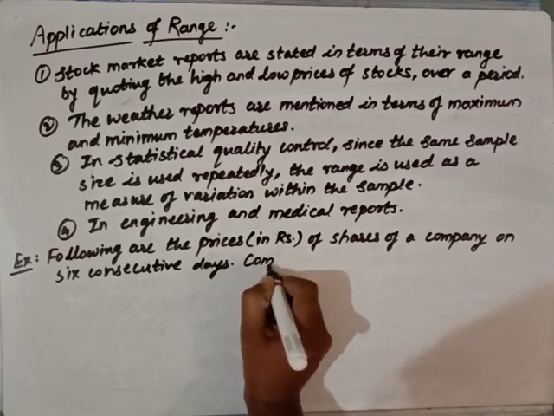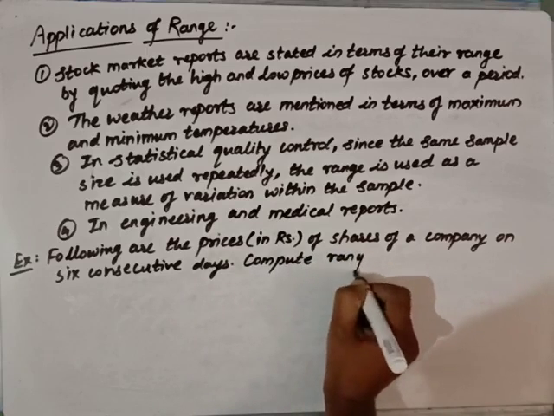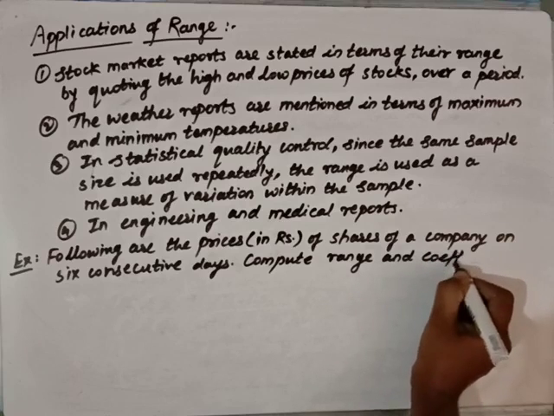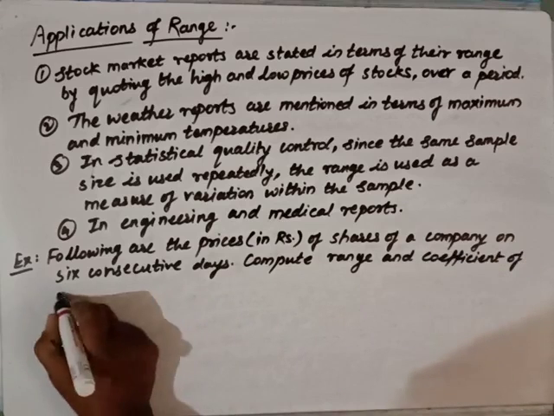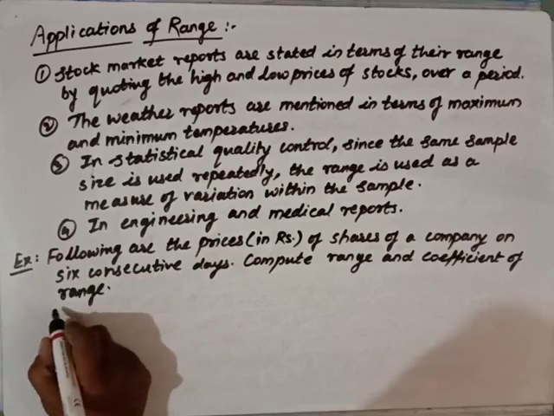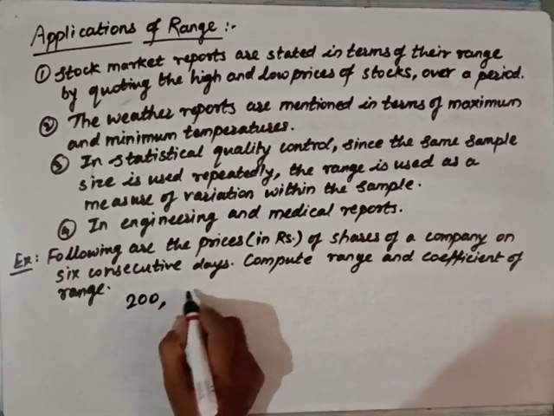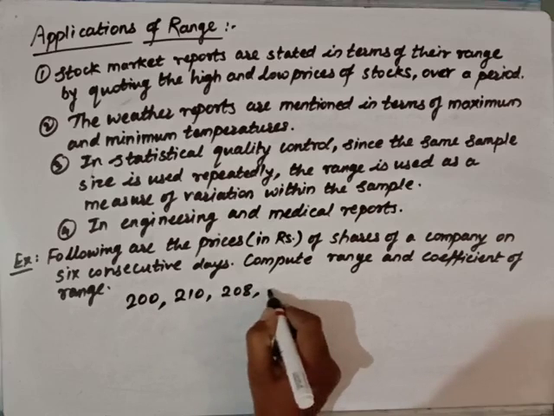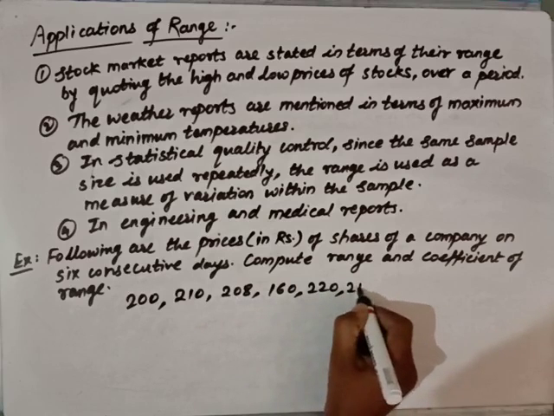Now the question is: compute range and coefficient of range. Now what is the data? The observations are, the prices are 200, 210, 208, then 160, 220 and 250.